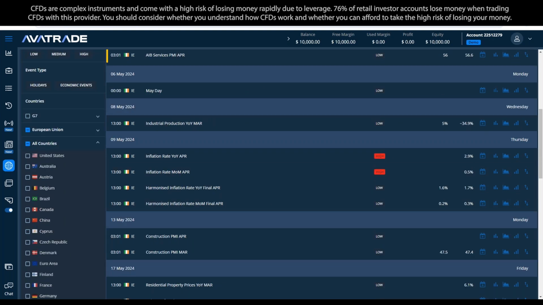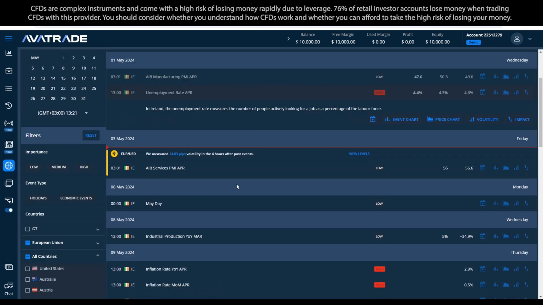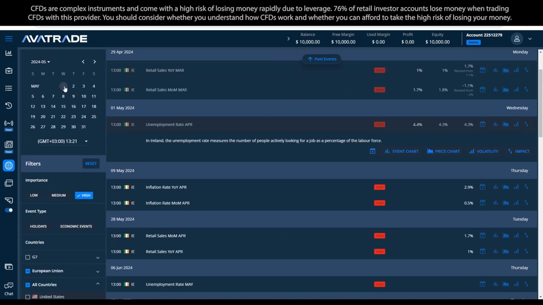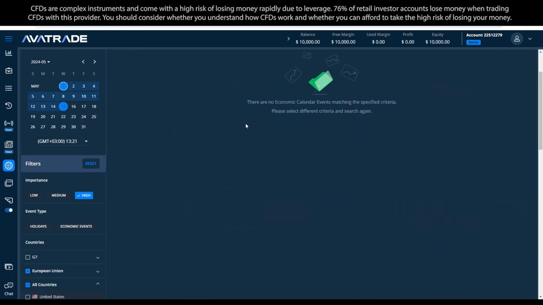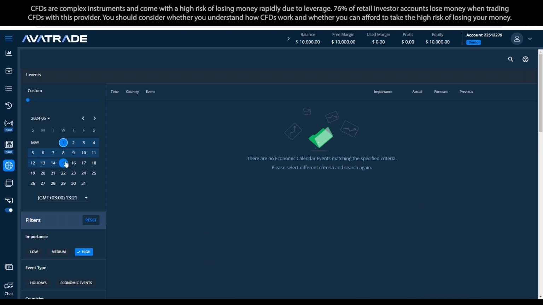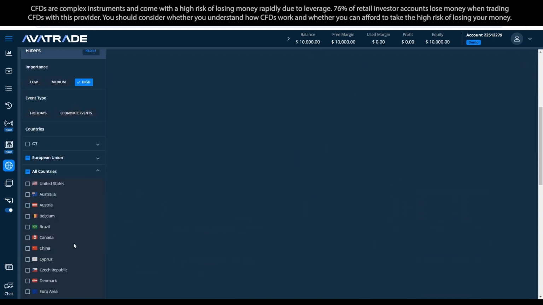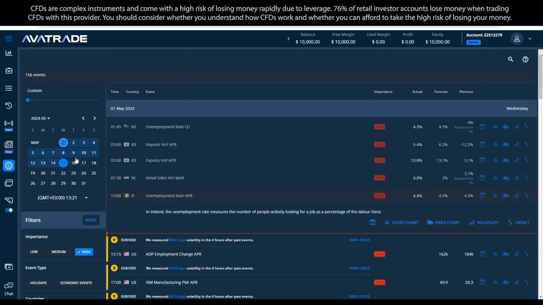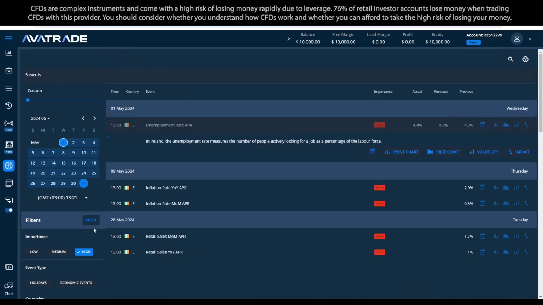All right, now it's showing us Ireland only. I can go by the high impact only. I can filter it by the date. Let's suppose I'm looking only at, see, it's not showing us any events that are upcoming. Maybe we'll try a little farther away.